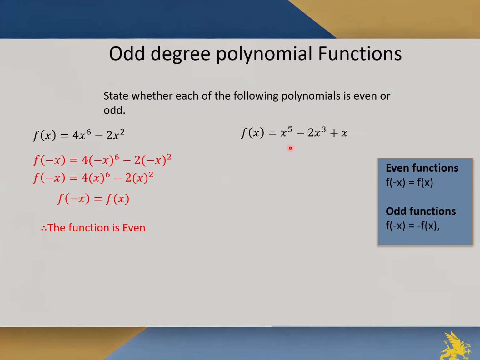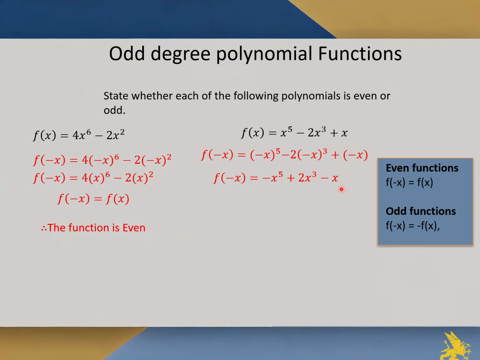f of x is equal to x to the power of 5, take away 2x to the power of 3, plus x. Again, I put in negative x into my equation. And what happens is that's going to be negative. This will be negative here. That means that's positive. And this here is negative.